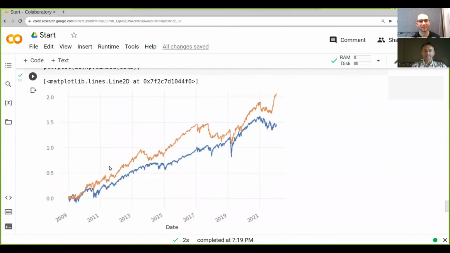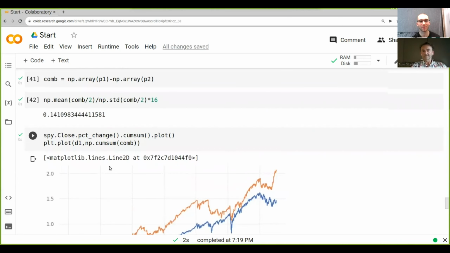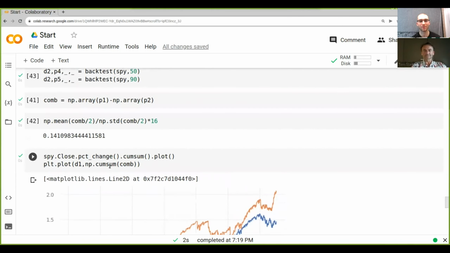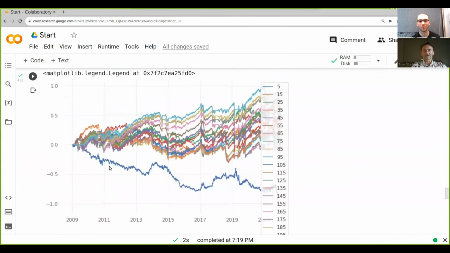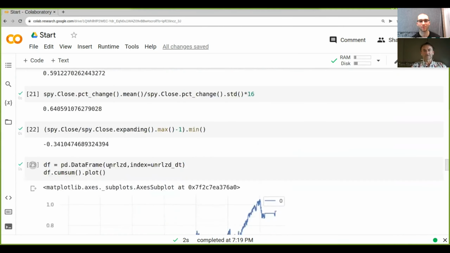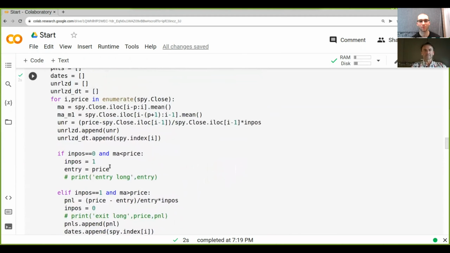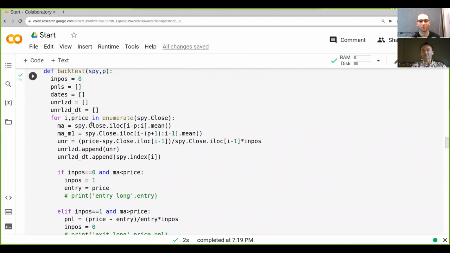This is where the pandas package comes in handy. In our backtesting code, we have the SPY, we take the close price, and we calculate the average at every step of a look back window. One thing we could do is do this all in one go.